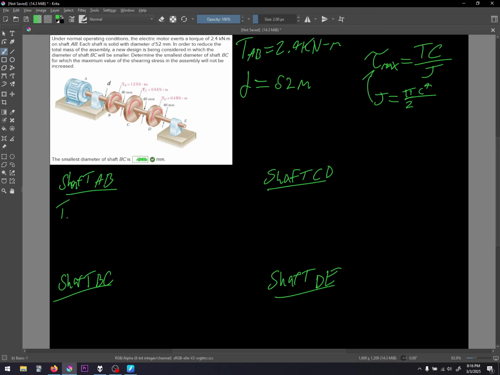So T, I can probably write that a little different. TAB is 2.4, and I'll leave out the units just for saving space. And what's this for B? Torque on BC, TBC, is 1.2.